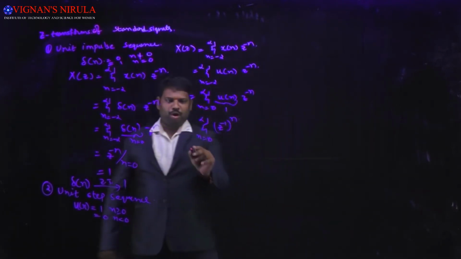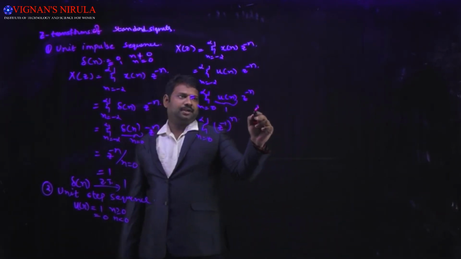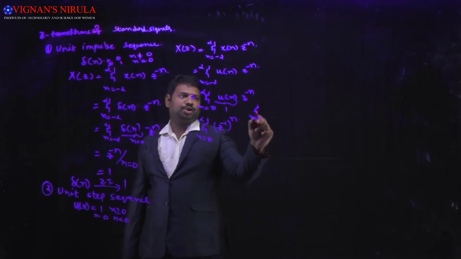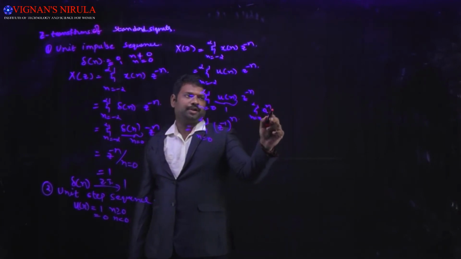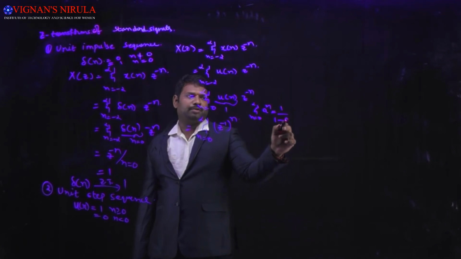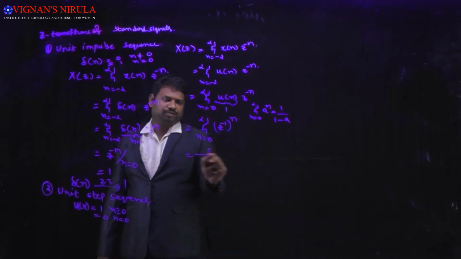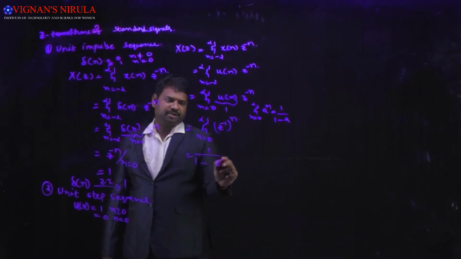This is in the form of summation n varies from 0 to infinity a power n, which is given as 1 by 1 minus a. That's why it is 1 by 1 minus z inverse.